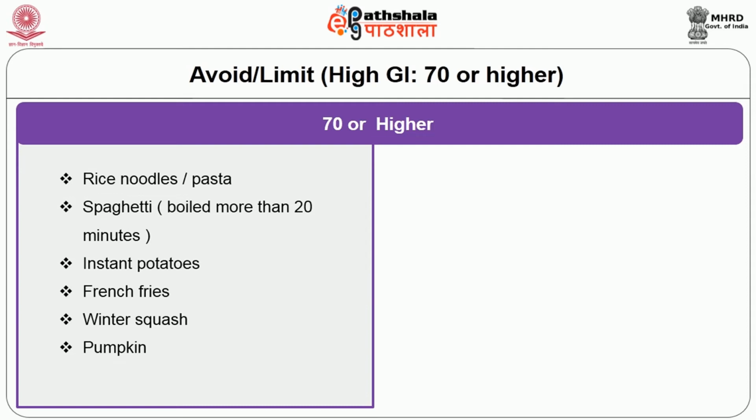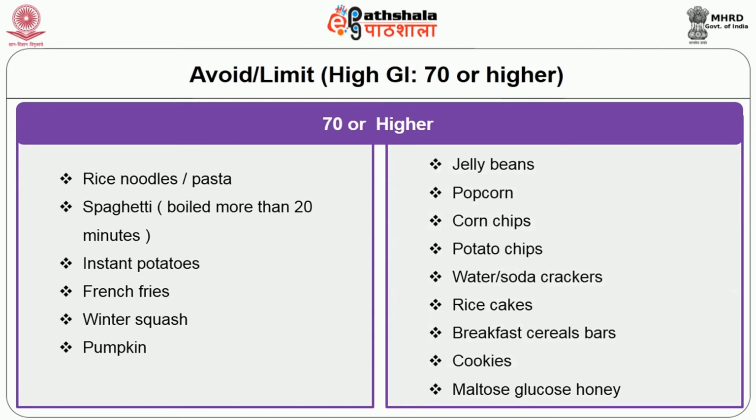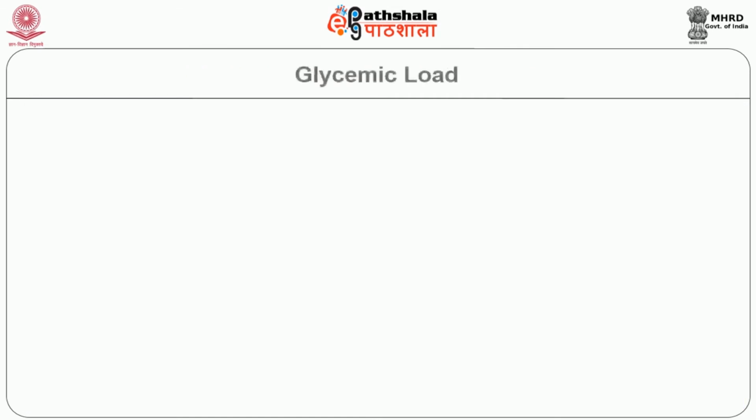Instant potatoes, French fries, winter squashes, pumpkins, potato chips, wafers, soda, crackers, rice cakes, and breakfast cereals, bars and cookies are also under this category of high GI. And among sugars, maltose, glucose, and honey are categorized as high glycemic.